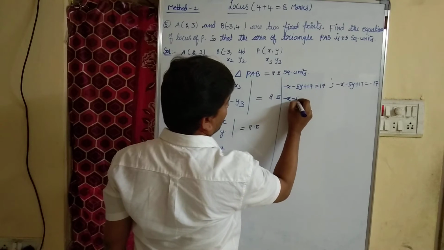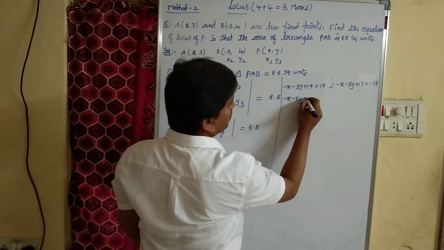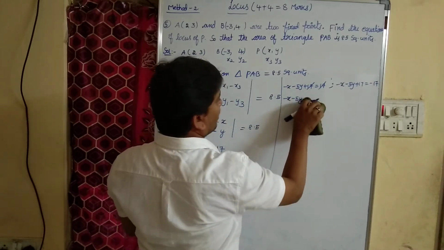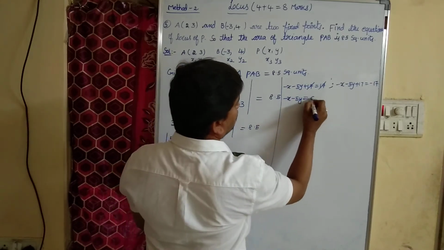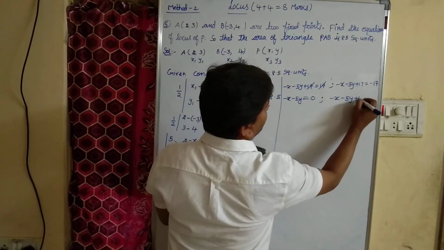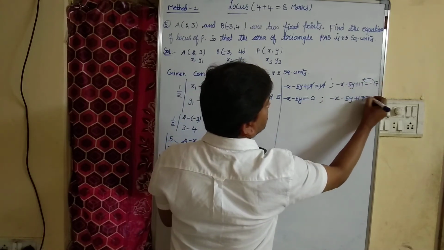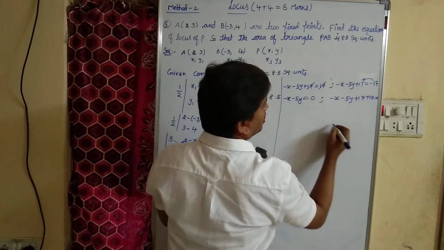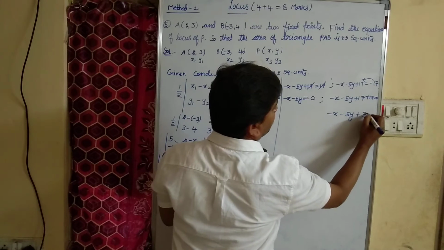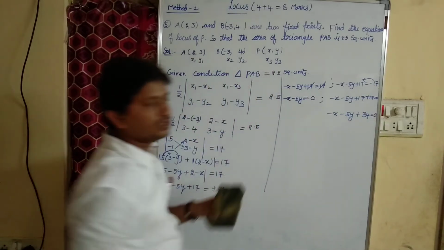Right? Minus x minus 5y. So plus 17 minus 17 gets cancelled. So minus x minus 5y is equal to 0. Minus 17 if you transpose, it will become plus 17 equal to 0. So minus x minus 5y plus 34 equal to 0.